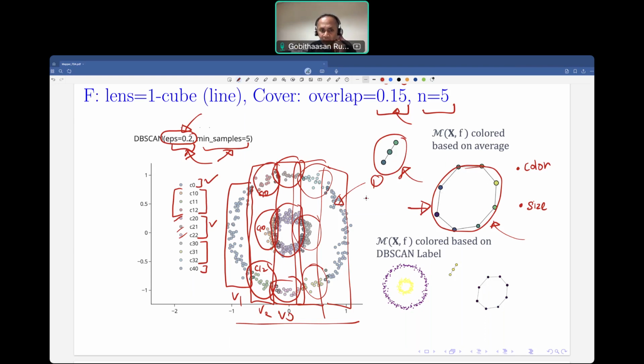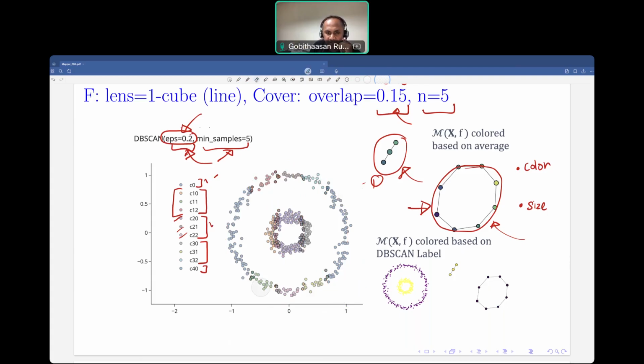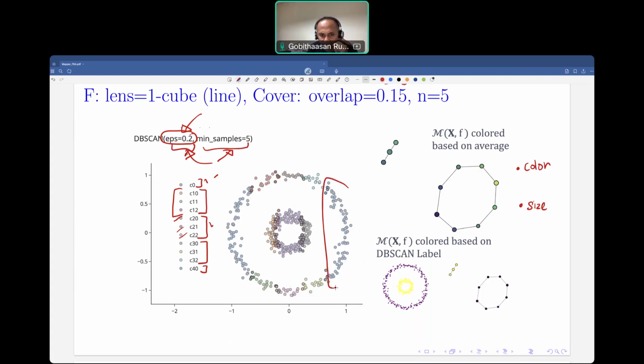Of course, as you can see, for example, these points here, right? Let me clean it up a little. We can encode the graph that we obtain with some information. For example, let's say take this point.